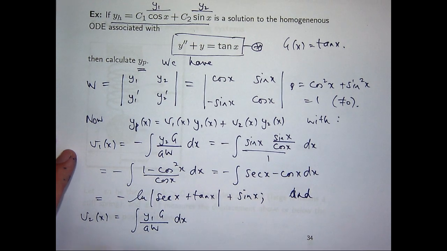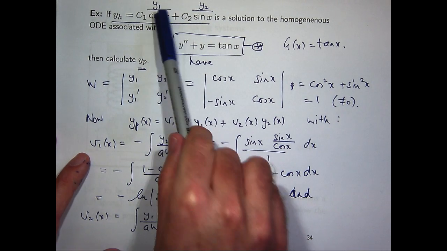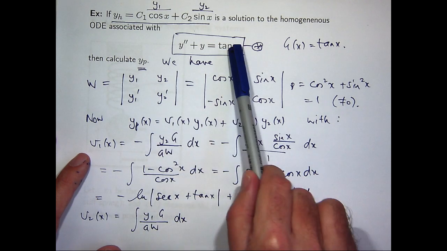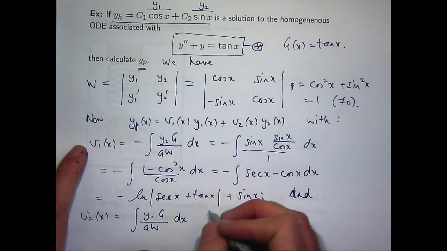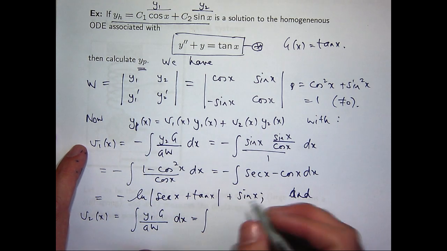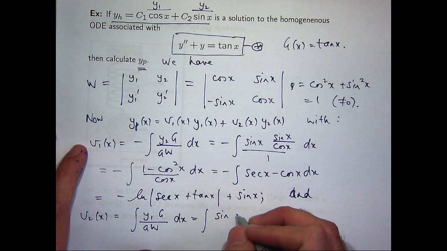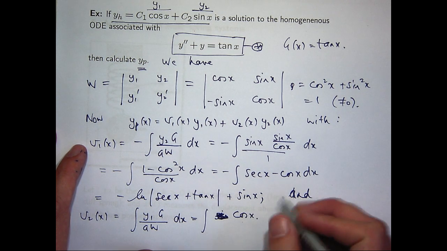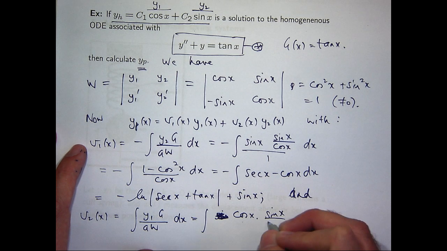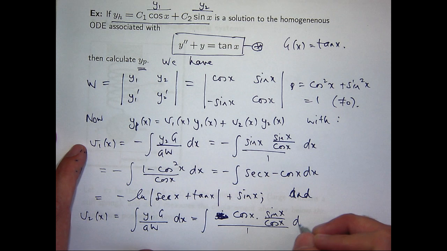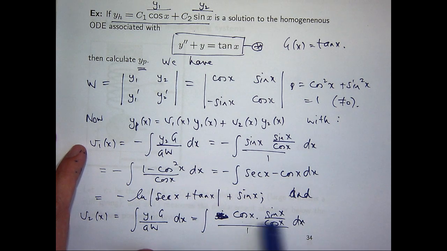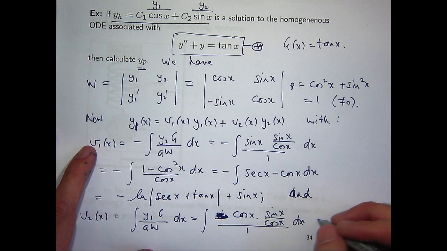In our case, y1 is cosine x, g is tan x, so a is 1 and w is 1. Sorry, that should be a cosine. Again, I'm going to write tan as sine x on cosine x, because it's going to simplify. a times w is 1 in this case, so I can cancel off the cosines. I'm integrating sine, so I'll get minus cosine x.